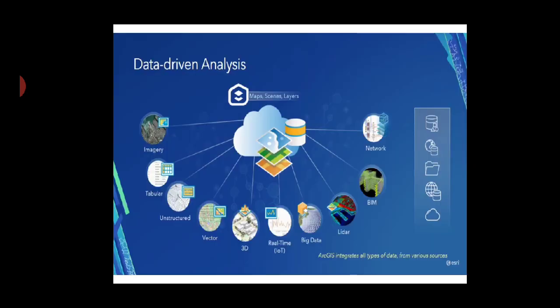Now, for whatever kind of work we are doing, we use different kinds of data which are already available. With the help of the data, whatever output is needed, the analysis which is run is called geospatial analysis.